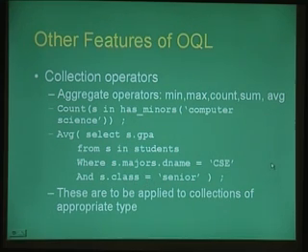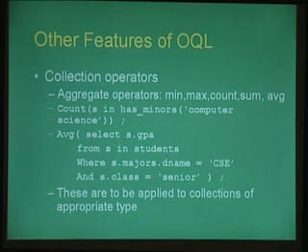Of course, all these aggregation operators have to be applied to collections of the appropriate type. Even though a collection can be a collection of arbitrary objects, I really can't apply average over a collection of objects comprising 3 numbers and 4 animals and whatever.